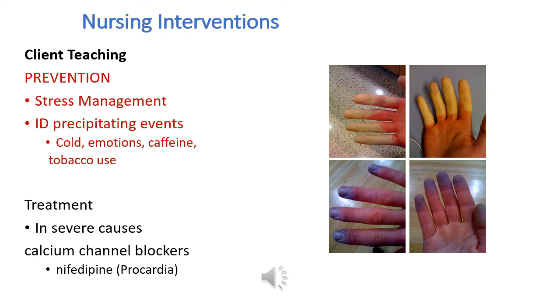There may also be a surgical sympathectomy done as well to interrupt the nerves if this is a real severe case. But generally cases aren't severe, certainly not as colorful as the pictures that I provided for you, but those you can see how the fingers will move through the phases by color.